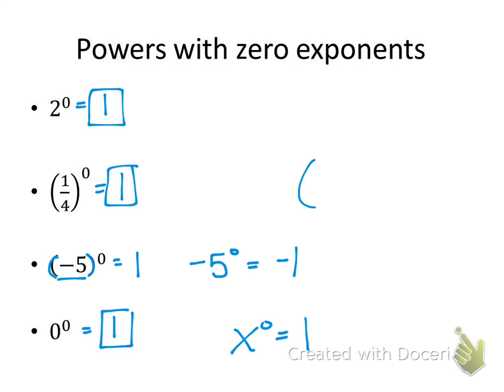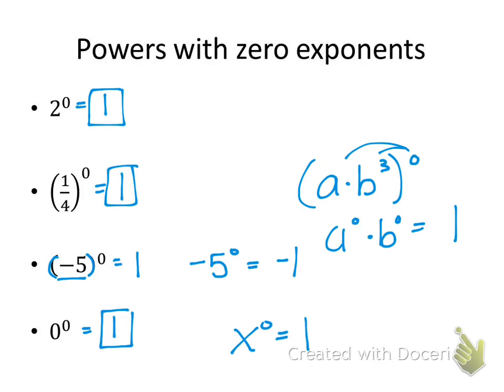What if I were to give you this one? What would your answer be? 1. Because I would distribute this, a to the 0 times b to the 0, which equals 1. What if I were to give you this one? What does this 0 need to be distributed to?